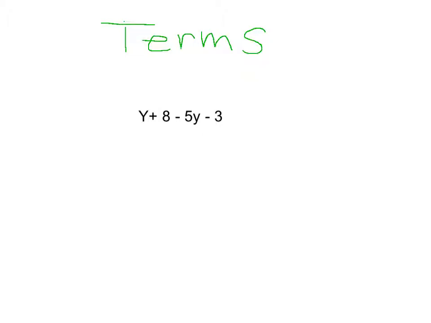Those are basically the parts of an expression that are added together in our math problem, or that we are using in our math problem. For example, y right here would be a term. 8 could be a term. Negative 5y could be a term. Negative 3 or minus 3 could be a term. Any of those things qualify as terms. Those are any things that we're using in the expression.